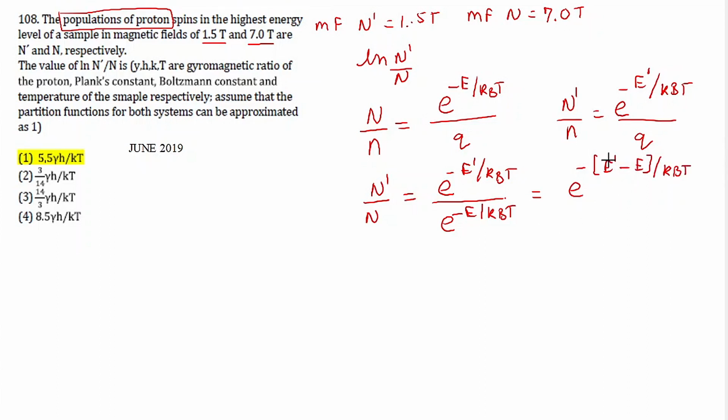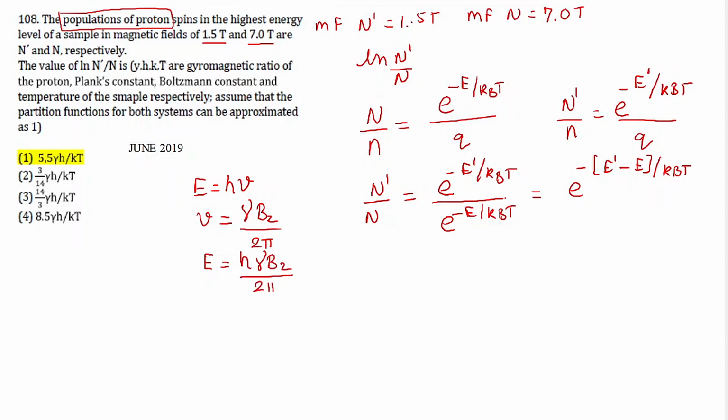Okay, now we need to know the value of this E. So the E over here, that is the value of E is h mu, and mu over here is the Larmor precession frequency, or it is known as the Larmor frequency of the nucleus, and the value of mu is gamma Bz upon 2 pi.